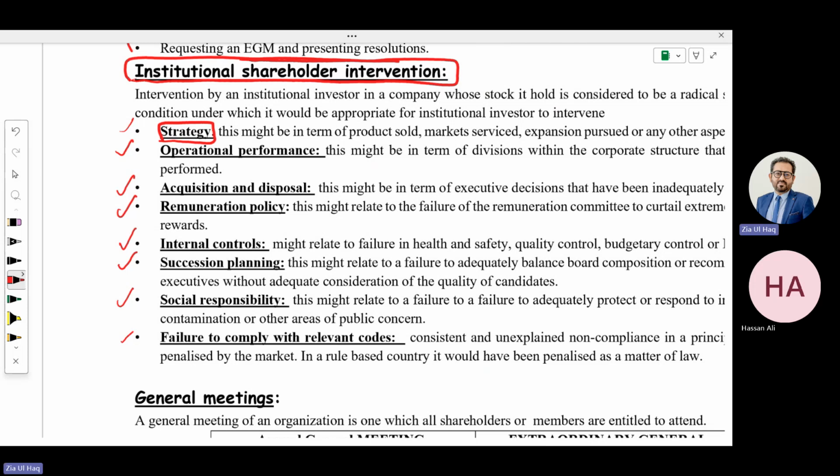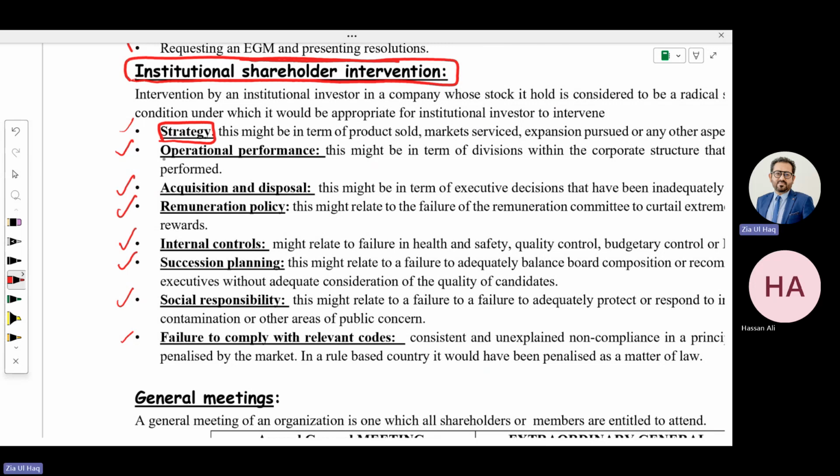So they evaluate whether the company is preparing strategies in the long-term best interest of the company and industry or not. If the company is lacking in this, they intervene. They ask questions and involve themselves because they want what is best for the company and best for the industry.